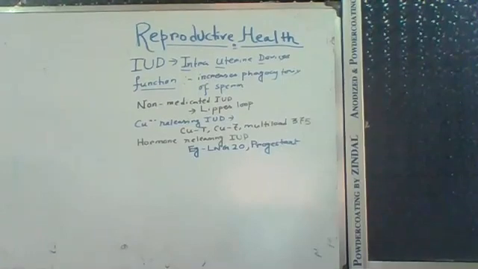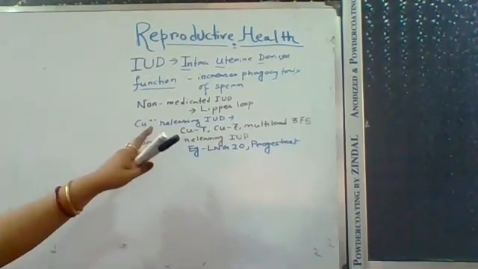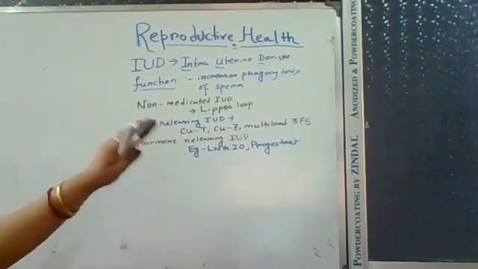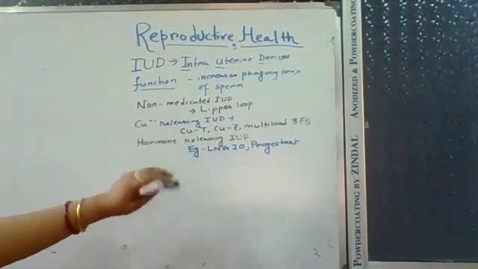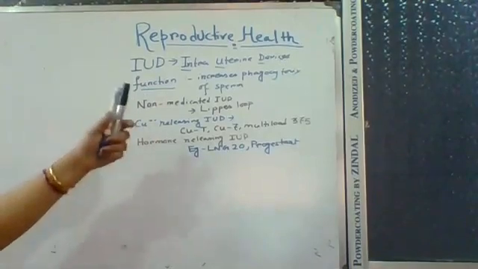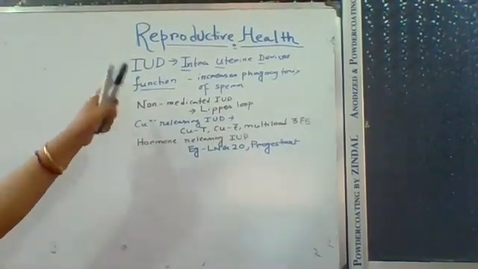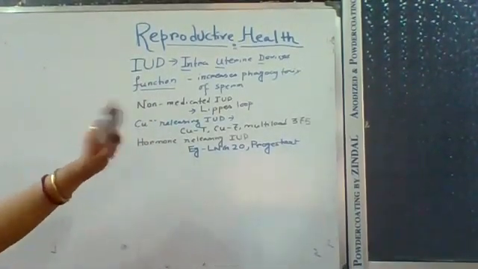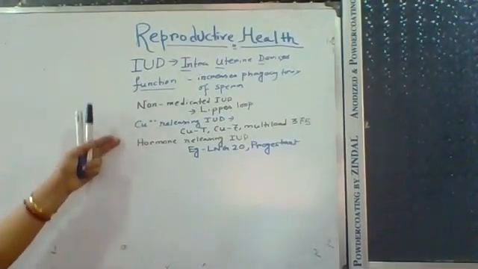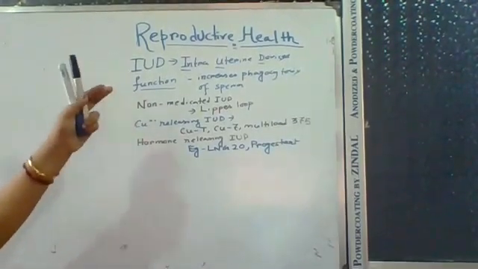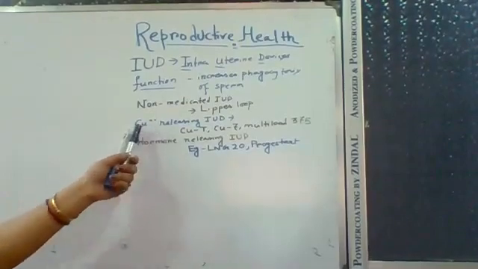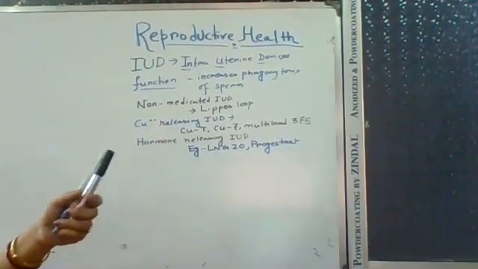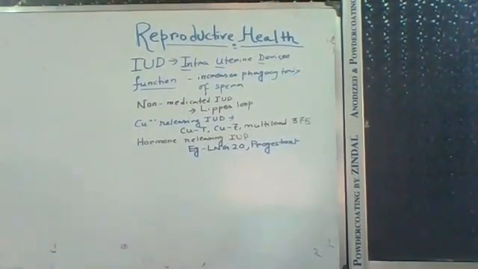Clear? Just for a quick recap, IUDs are the effective and the most popular ideal contraceptive, and they are inserted by the professional expert in the uterus through the vagina, and they are of mainly 3 types: non-medicated, example is Lippes loop, copper releasing and hormone releasing IUD, right?